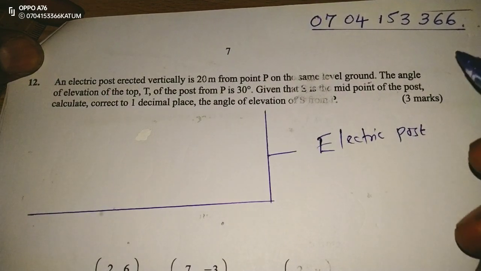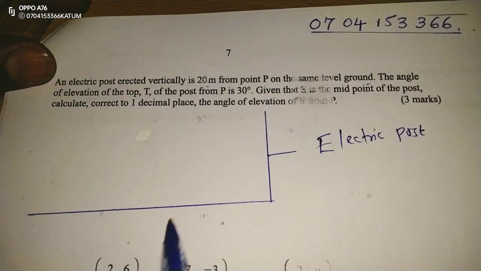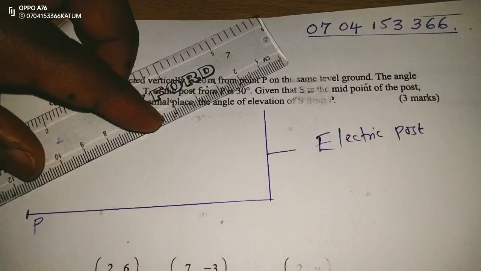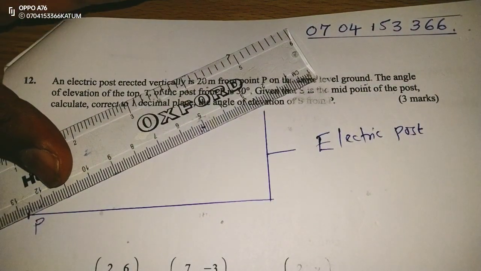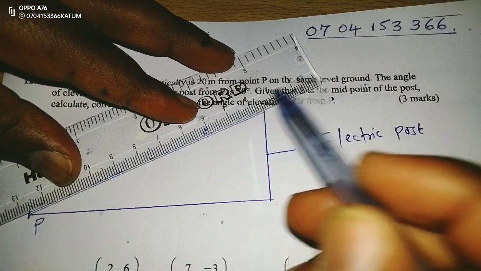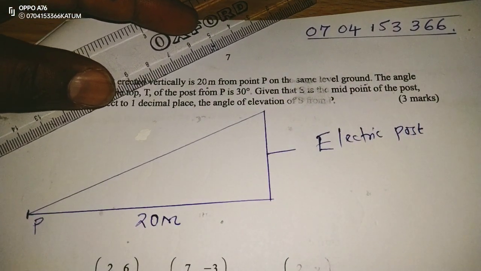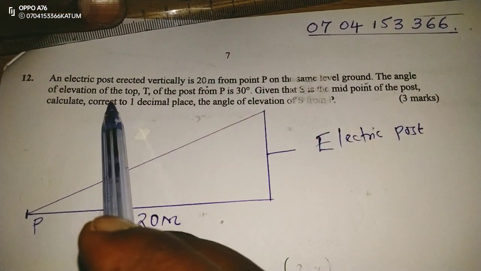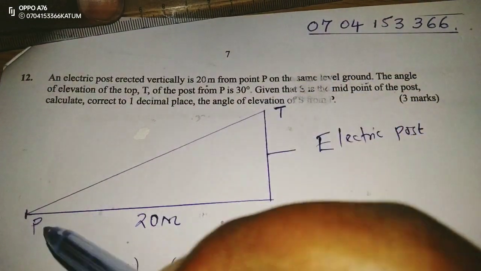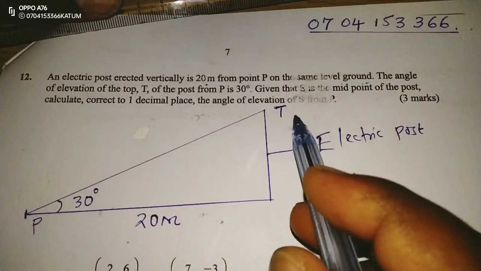With this electric post, we are told that it is 20 meters from P. So assuming this is our P, we can start with 20 meters from P. Then something we are given is that the angle of elevation of the top T from P is 30 degrees.